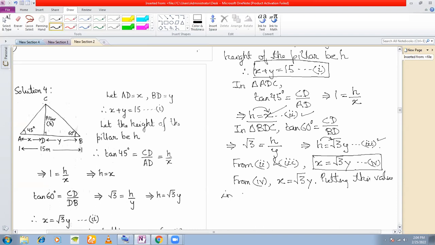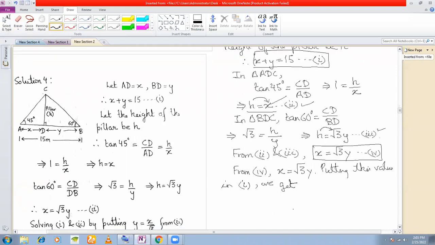Putting this value in 1, sorry, not 2, we get x is root 3y plus y is equal to 15, right?